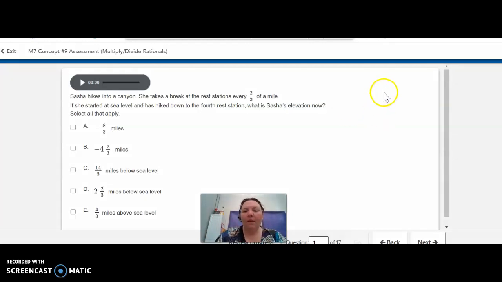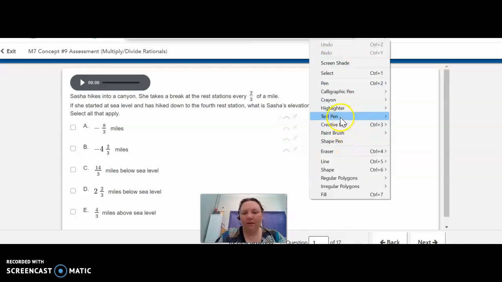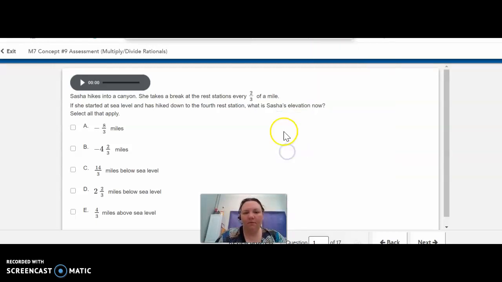So we have our sea level. Oops, where's my pen? There we go. Not sure why our pen isn't showing up. There we go. Okay. So at sea level, 0 is sea level. And then we're headed down from there.